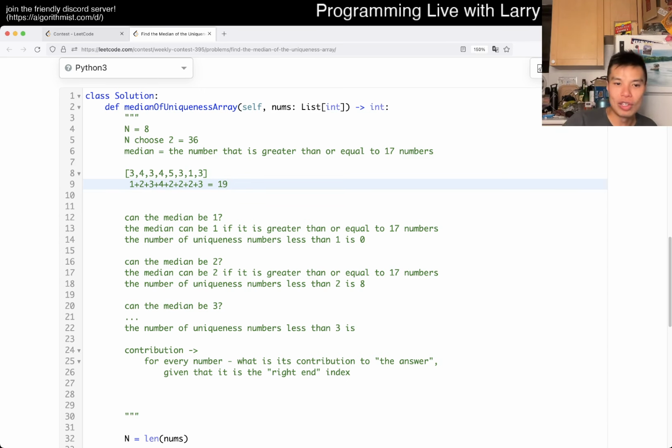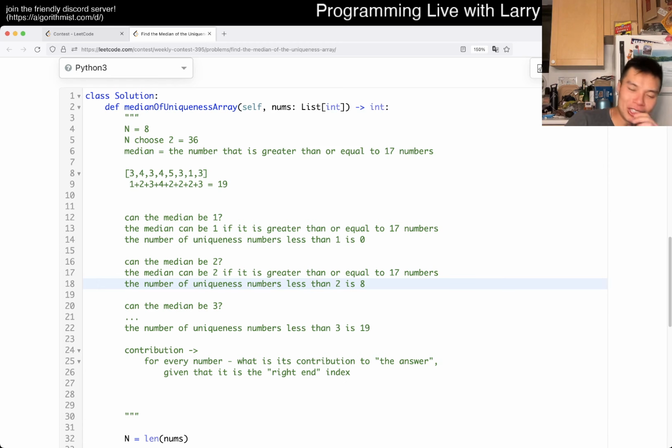So now the number of uniqueness of the numbers less than 3 is 19, and of course that means that this number is bigger than the last number, and that means that 2 is the answer, right?